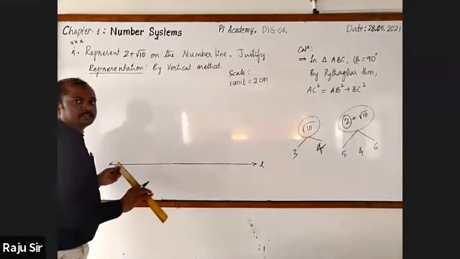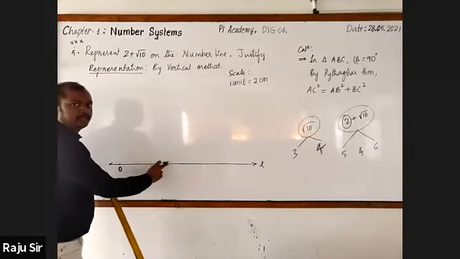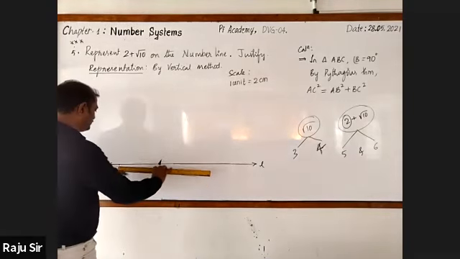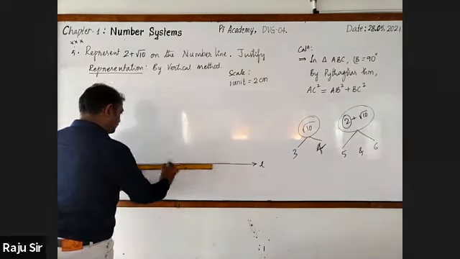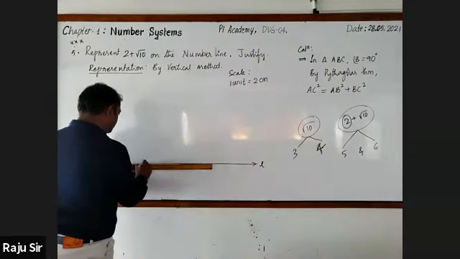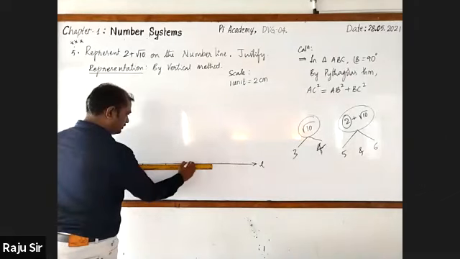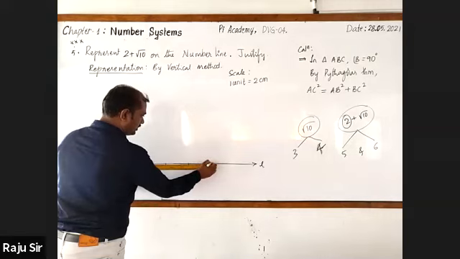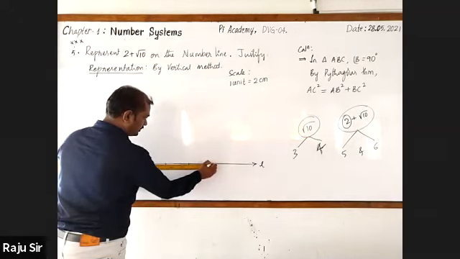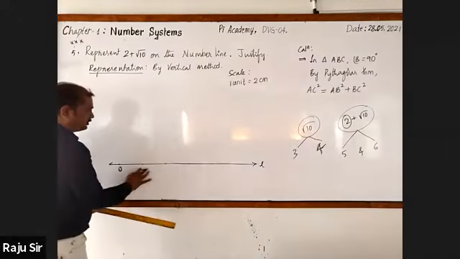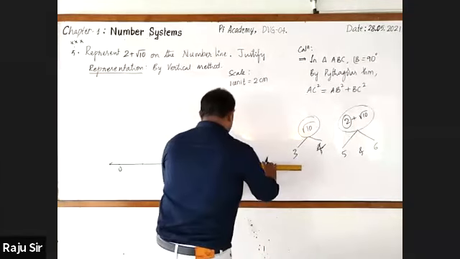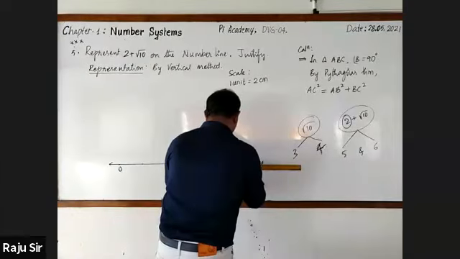Now, take scale and pencil. Go on marking for every 2 centimeter from 0. 1, 2, 3, 4. Still, we want 2 more points. Total, there must be 6 points.